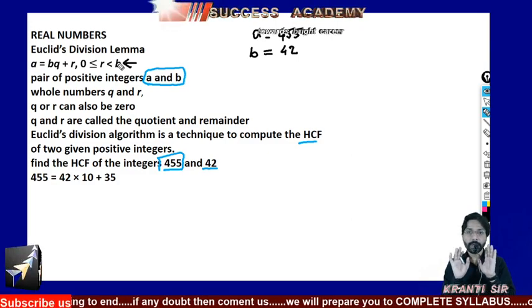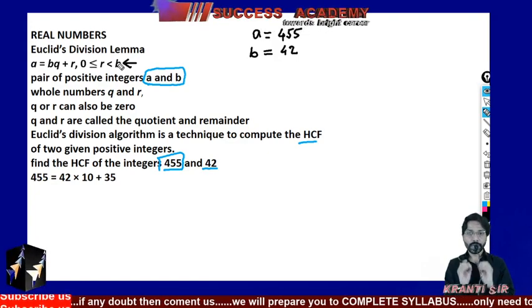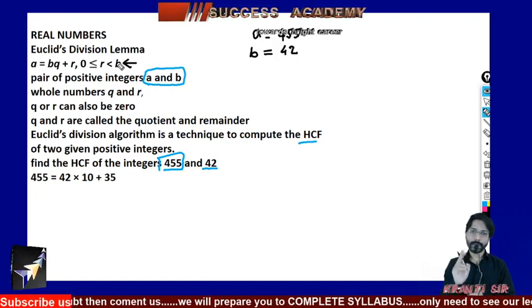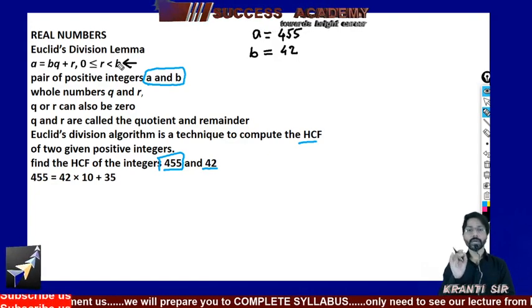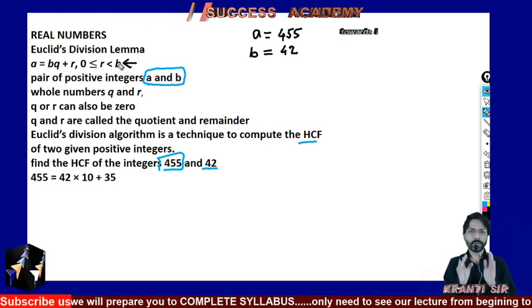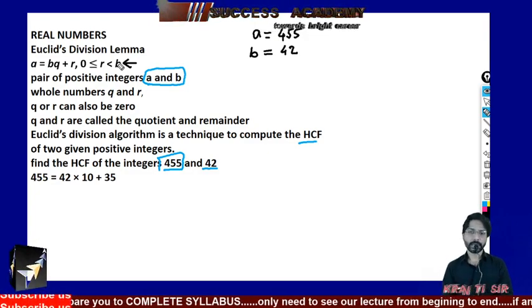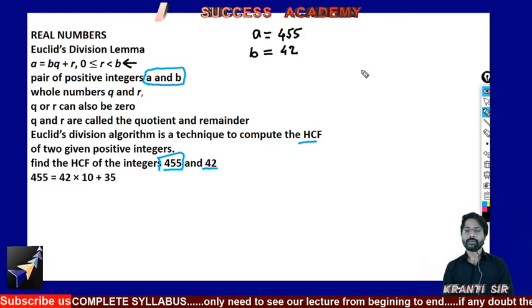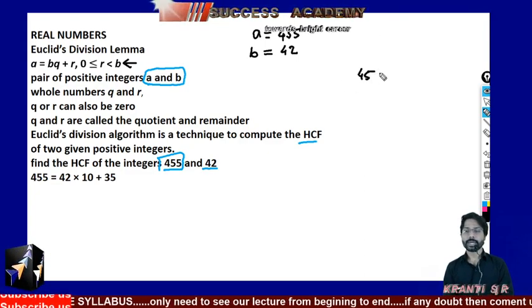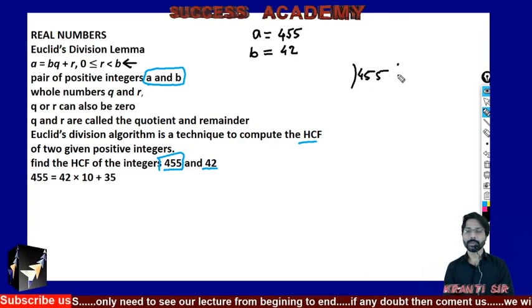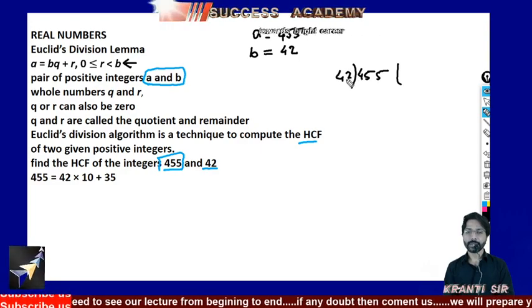Is this clear? Now how can we write it down? First of all, you have to consider the value of A and B. Then you have to do the normal division process in your rough part. See here, I am doing it. 455 is going to be divided by 42.